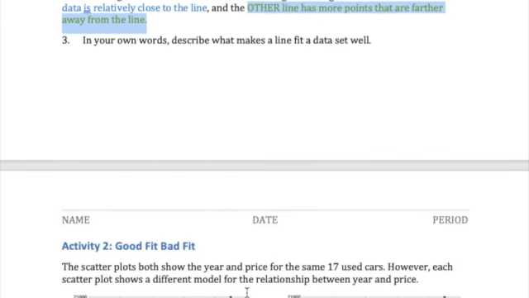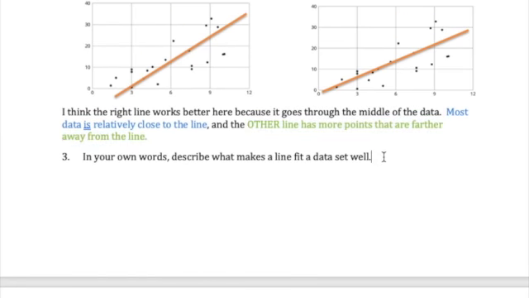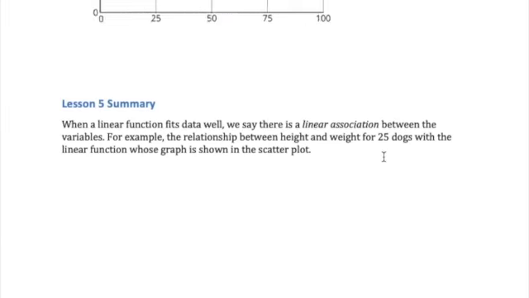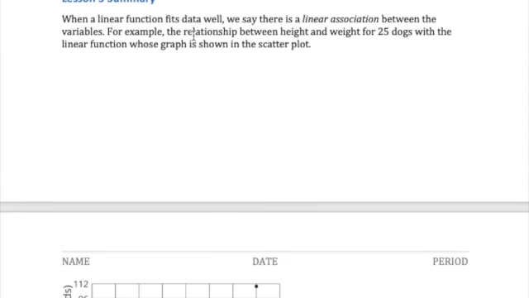All right, so those are our real main things you want to look for. So what makes a line fit a data set well? Let's look at our lesson summary. We'll get some good wording from that. So basically, when a function fits data well, there's a linear association. We're talking about linear lines, straight lines, ruler-straight lines.